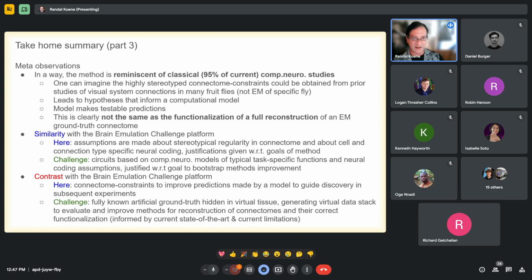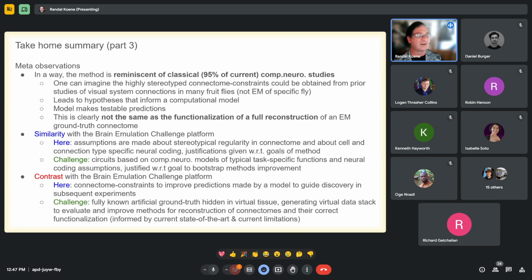So we have a simplified model in many cases of what's going on. We don't necessarily create, in every case, Hodgkin-Huxley models of an entire, say, electrical analogy of a neuron, a multi-compartmental thing. So we make some assumptions there. And again, we're justifying this with the goal of the challenge.